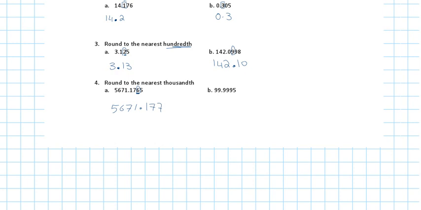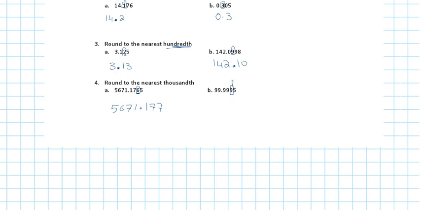Okay. Where is my third or my thousandths? It's that 9, the last 9. What do I have to do with it? Make it a 10 because I have a 5 after it, right? If this becomes a 10, what happens to this? It's going to go up to 10, 10, 10.